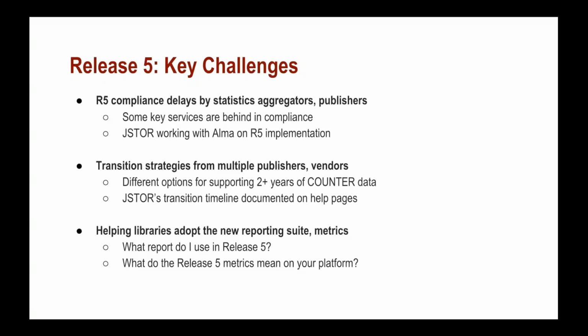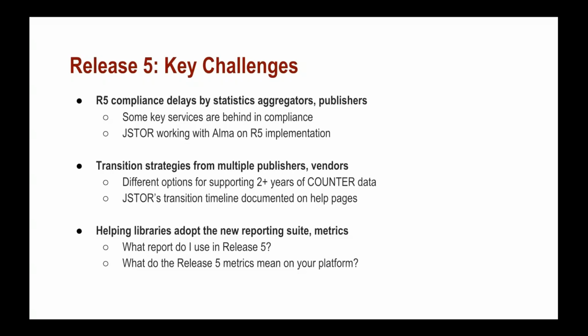We've had questions and concerns from our participants about timelines there. One of the key ones that we heard about was that Alma was still working on a roadmap for their R5 implementation. I'm very happy to say that we're working with them now to move that up and improve the speed at which we can make that integration happen, so that there's not a temporary gap in the statistics that they're collecting in that important service, at least from JSTOR.